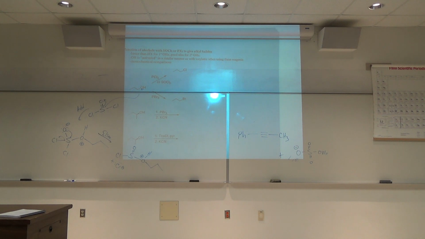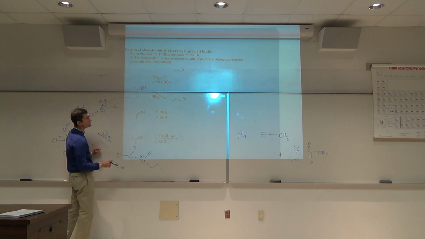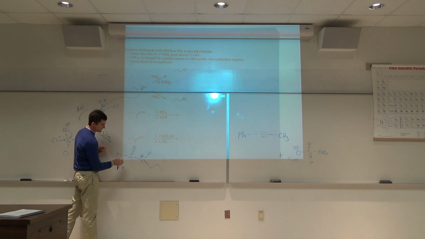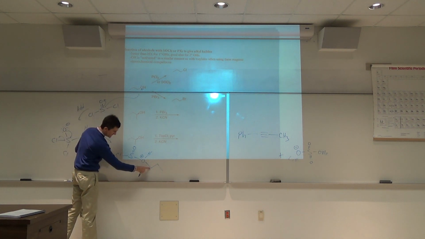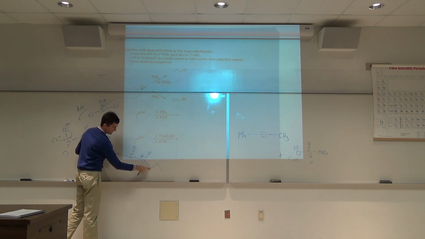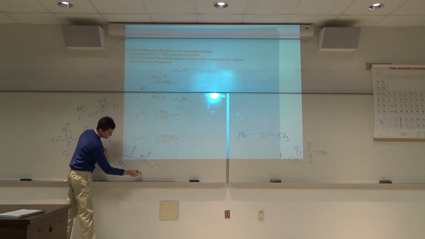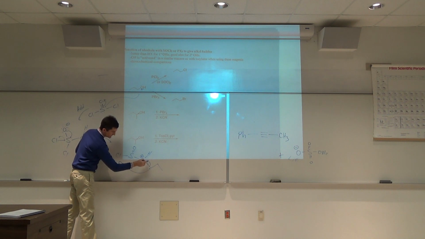Now we're set up for just a beautiful next step. What do we ultimately want to do? What do we ultimately want bonded to this carbon right here? 3 carbons and a chlorine. We want a chlorine here. Does it look like a nice step for this to now come in here and do this?